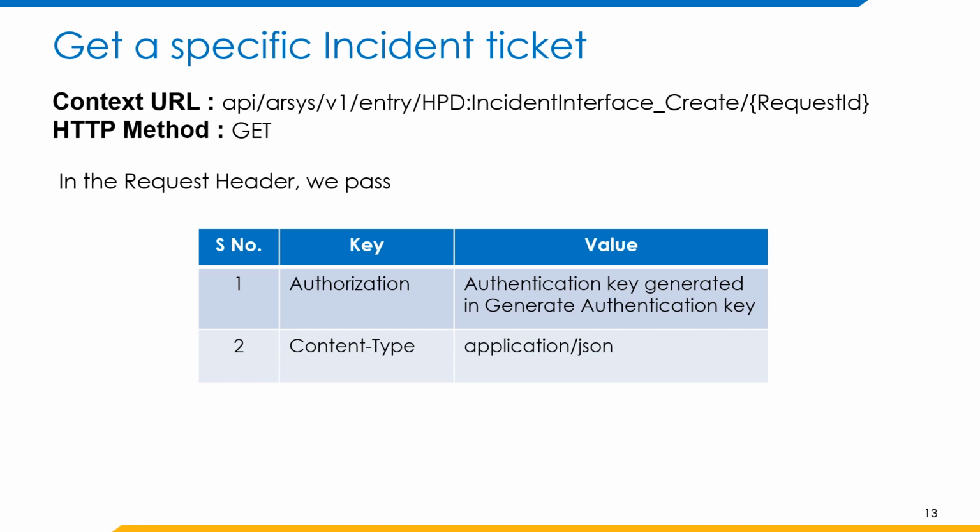Here we need the request ID of the ticket to get the details of that ticket. In the request header, we will be passing attributes such as authorization and content type. Here, the authorization attribute value is the authentication key generated in the generate an authentication key API call.